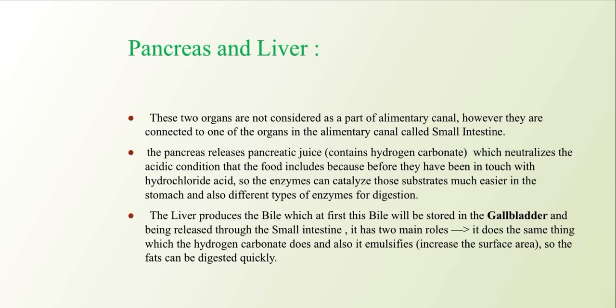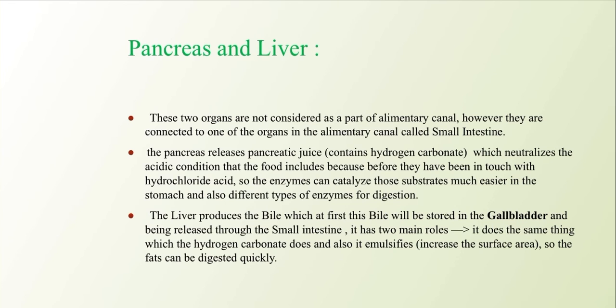While the hydrochloric acid and the boluses are in touch with each other, the boluses become adapted to acidic conditions. So they become acidic. In this case, the enzymes can catalyze those substrates much more easily in the stomach, and also different types of enzymes are used for digestion.